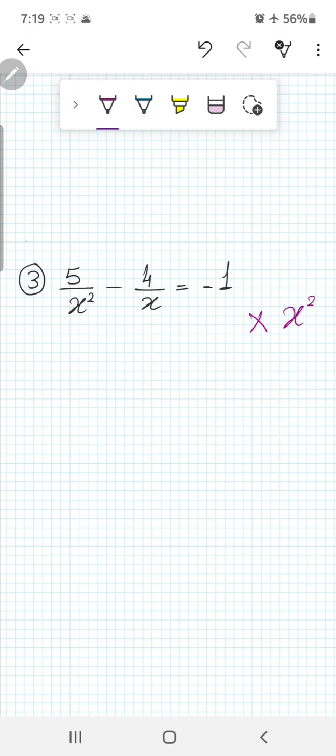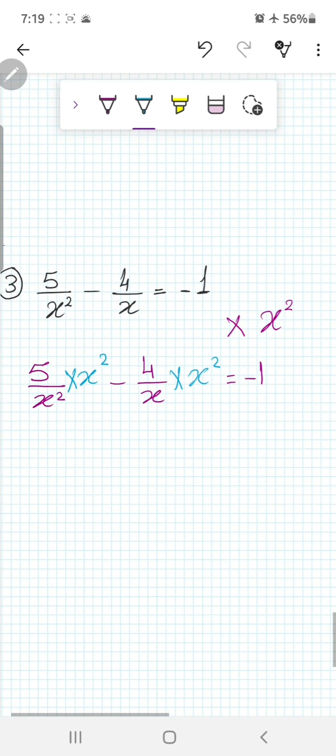Multiplied by x power 2. Here we have the equation 5 over x power 2 multiplied by x power 2, minus 4 over x multiplied by x power 2 equals negative 1 multiplied by x power 2.